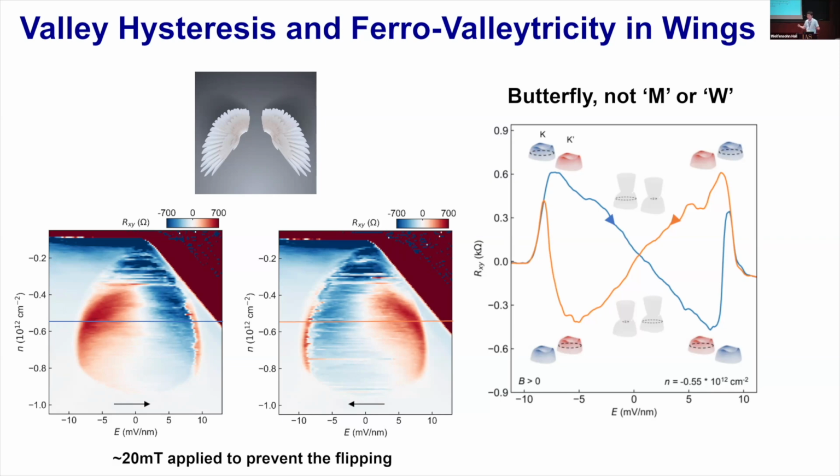It stays in the same K valley at the cost of a higher magnetic energy. So there must be some barrier preventing it from flipping. And when you get out and jump back in, you'll stay in the other valley, which is K prime, along this line. And you get out, you come back. That is what this butterfly hysteresis is.